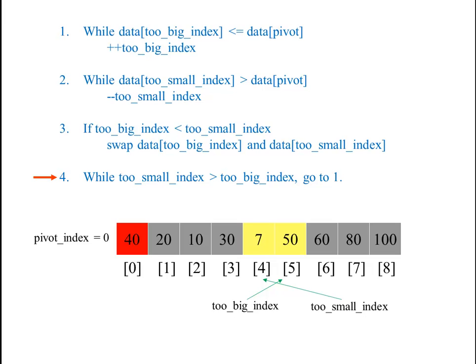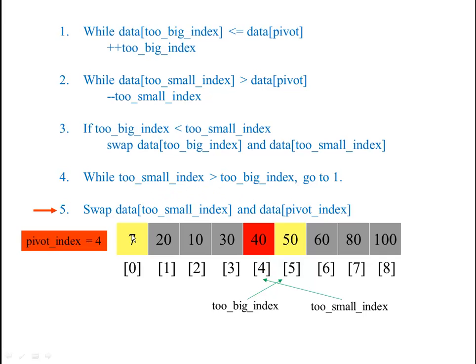It is not. It means we are pretty much done with this whole iteration, and the final step is to swap the data at the small index with the pivot. So the small index is 7, and we'll swap this element with 40. So 7 comes here and 40 comes here.